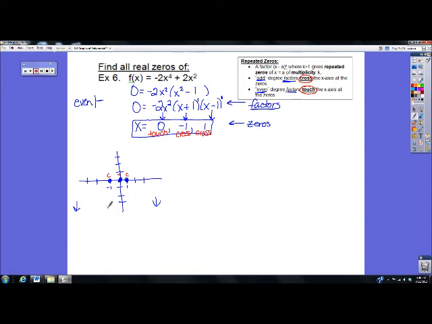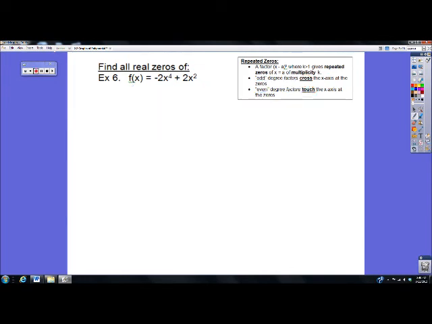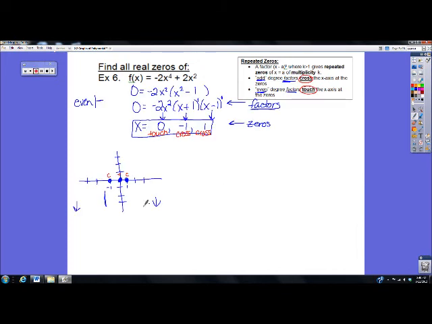My graph should start down here. Oops, that's not very straight. Should start down here. Let me erase that. Can I undo that? Yes, okay. Alright, here we go. Start down here. It's going to cross through.